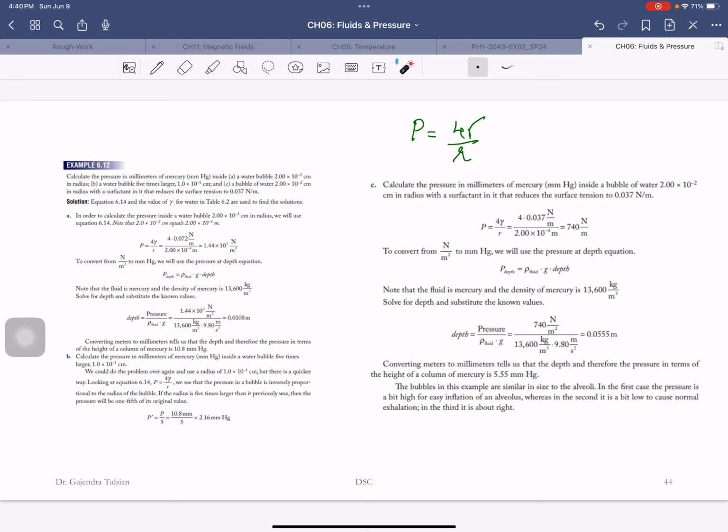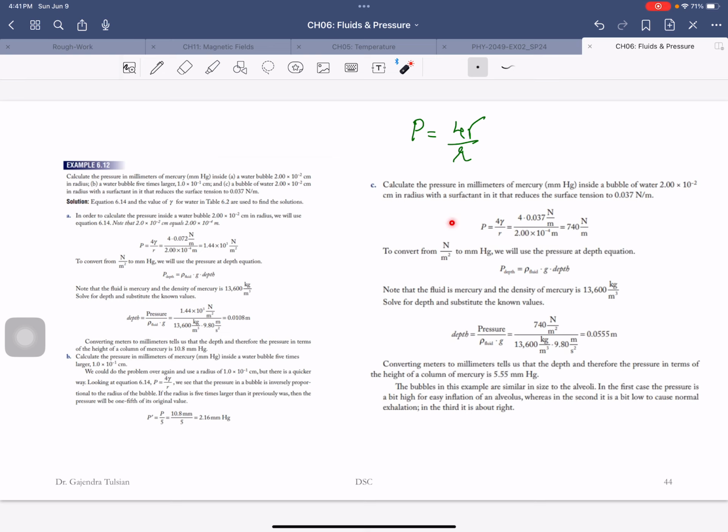So in the case of emphysema patients, the radius increases, and you see the pressure inside the alveoli is small, and so they're unable to expel the air to the outside. And we'll come to that. We will need to know the pressure inside your trunk cavity. So we'll come to that in the next chapter.